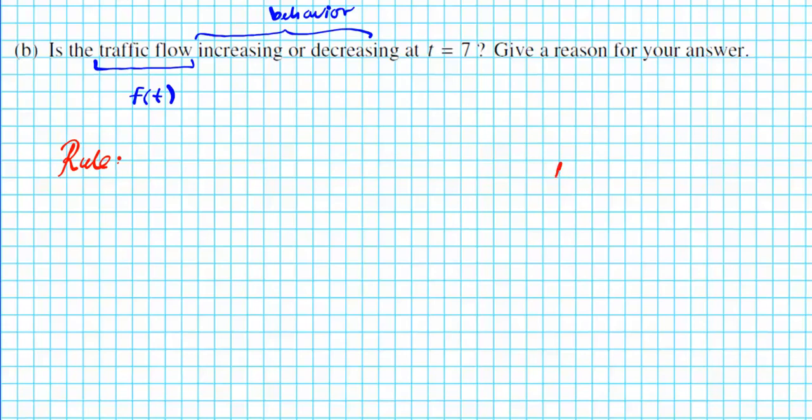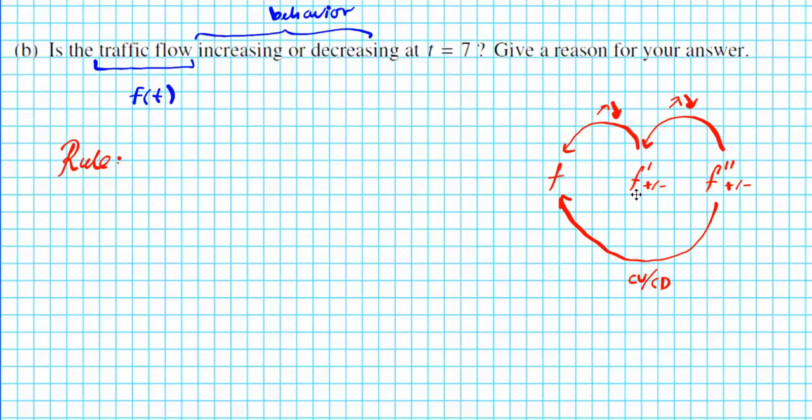We can use the heart of calculus: f, f prime, and f double prime, plus, minus, increasing, decreasing, increasing, decreasing, and then we have concave up or concave down.